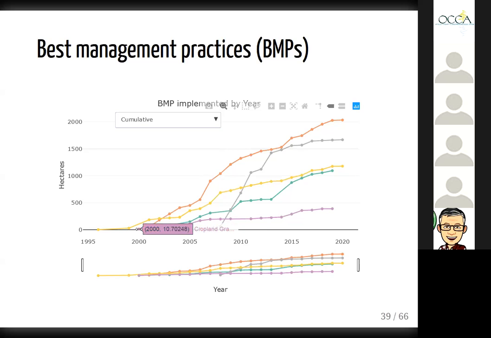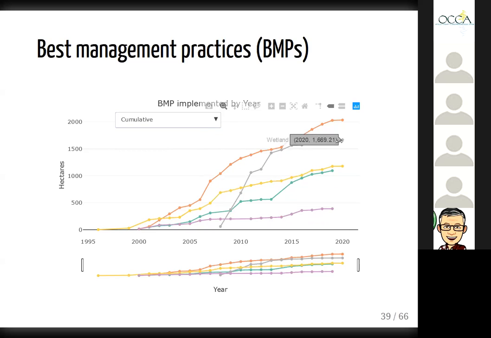So since the 2000s, I think it's been increasing every year. Some years do increase much more than others, obviously. But after 2005, you see really a sharper increase in all these BMPs.